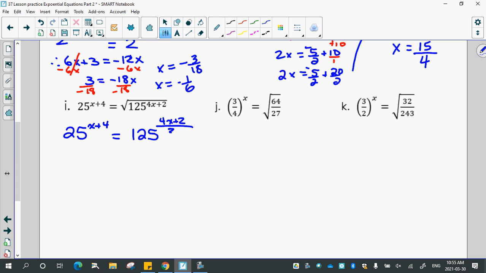If there isn't a little number in there, it's square root. Okay? Now, it just so happens that I can divide each of these by 2. Does everyone see that? So I can make this 125 to the 2x plus 1, because each piece in the top can be divided by 2. Okay?